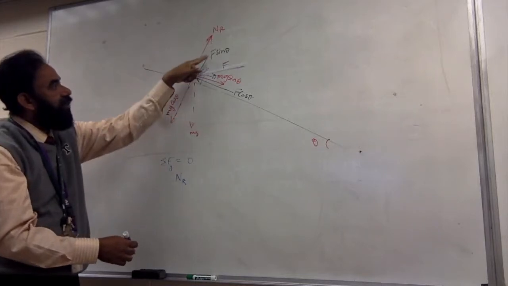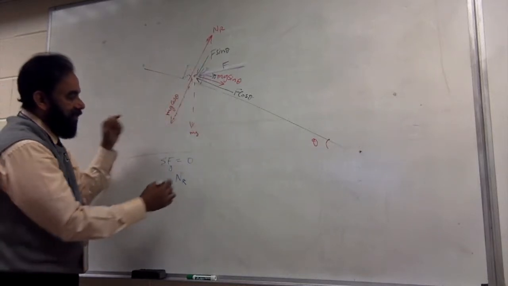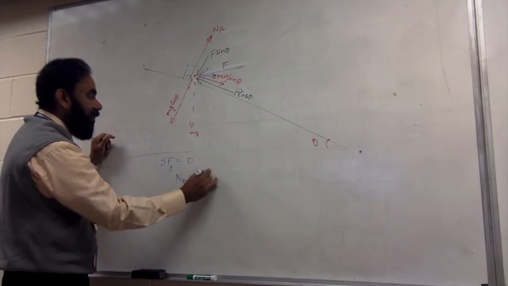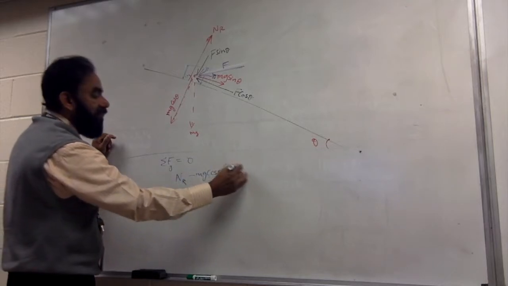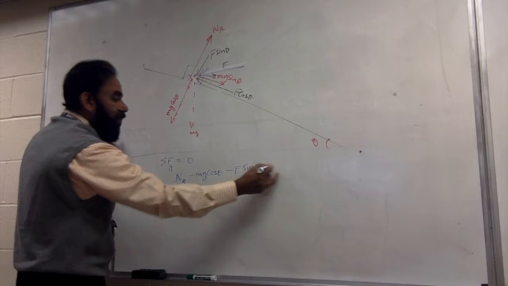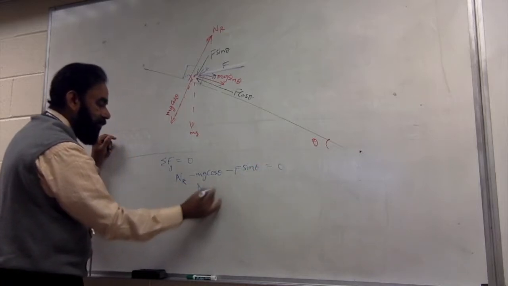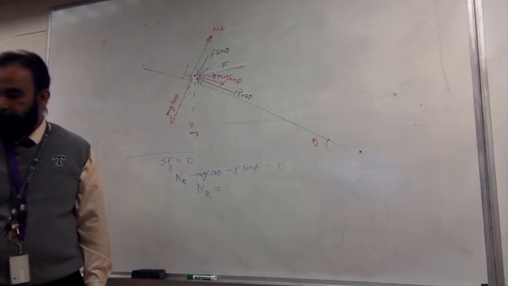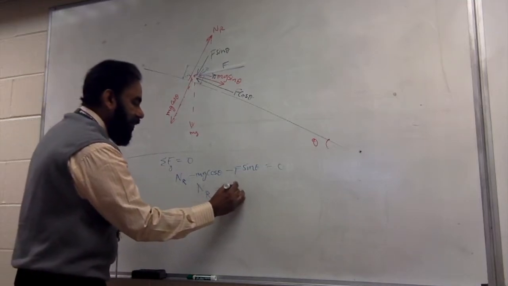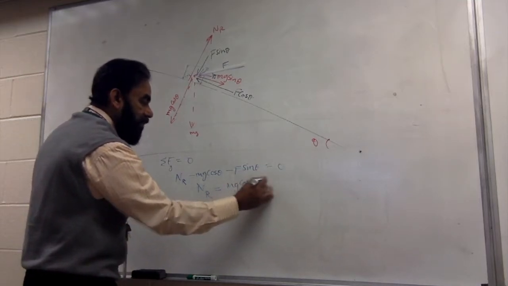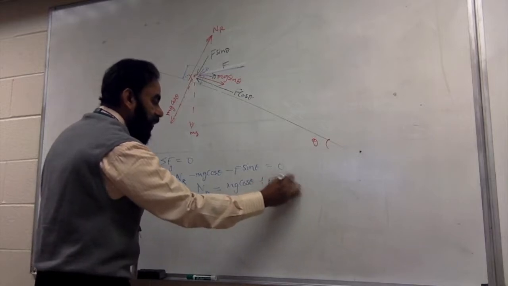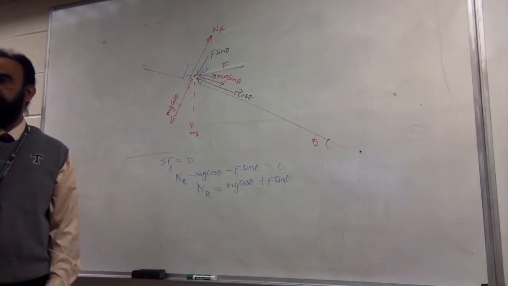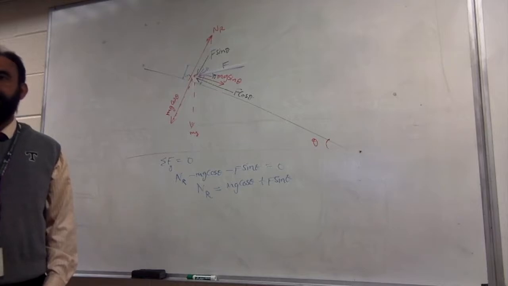No. There are two forces that are acting downwards. So minus mg cosine theta minus F sine theta is equal to 0. So what is NR? mg cosine theta plus F sine theta. That's your new NR. Previously it was mg cosine theta straight away.